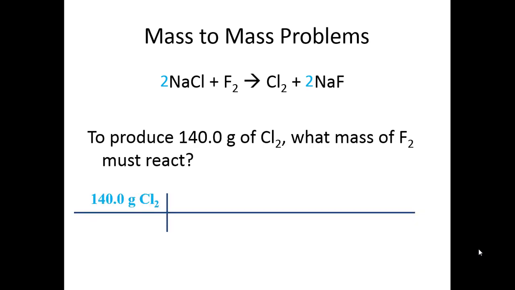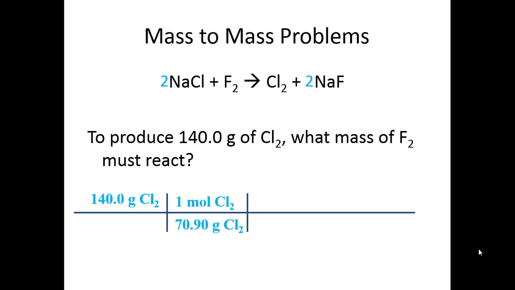We need to convert grams of chlorine to moles of chlorine. That means we need to cancel the grams, so we need a molar mass. The mass of chlorine is 35.45 times 2 is 70.90 grams of chlorine. That's per 1 mole of chlorine.